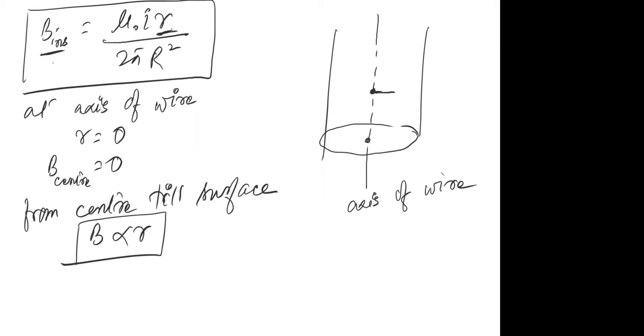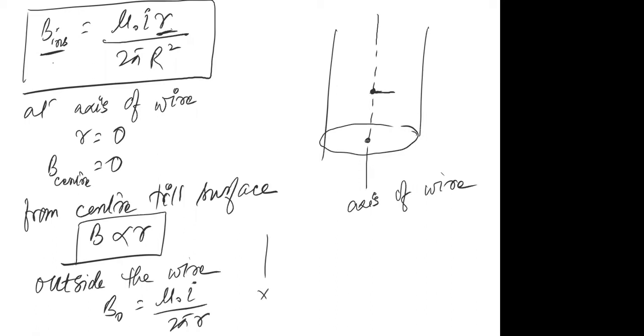After the surface, outside the wire, what is the magnetic field? Outside, the formula is mu naught I divided by 2 pi small r. Means outside the wire, magnetic field is inversely proportional to small r.